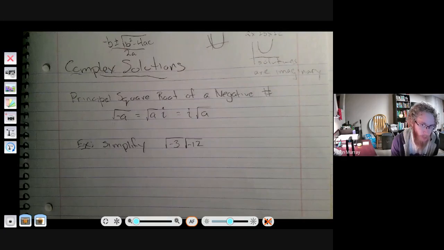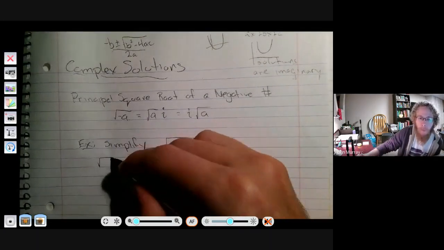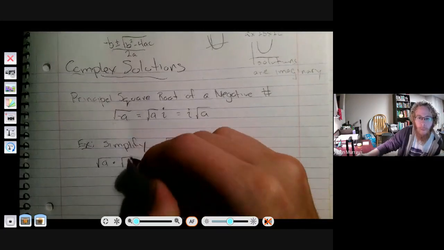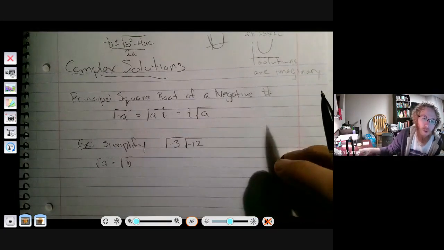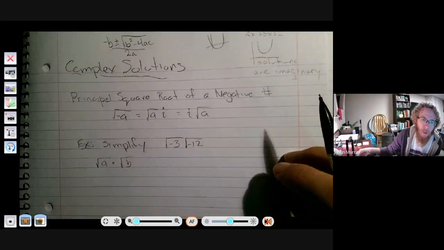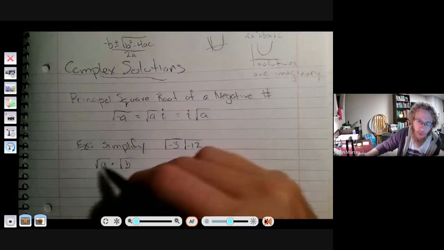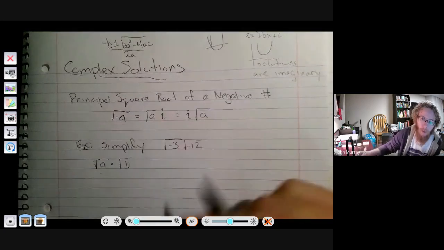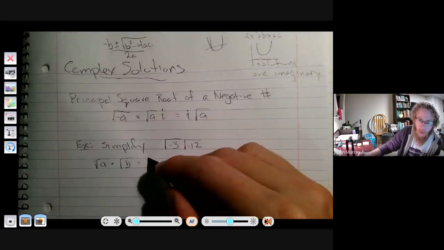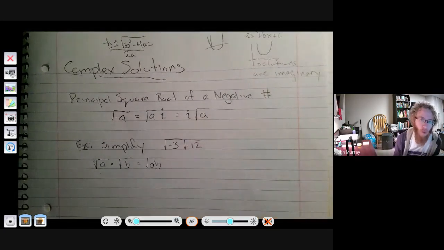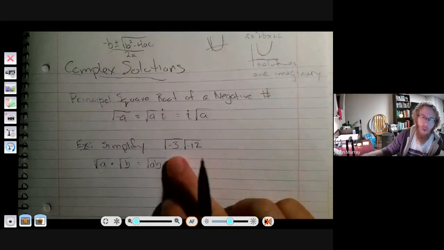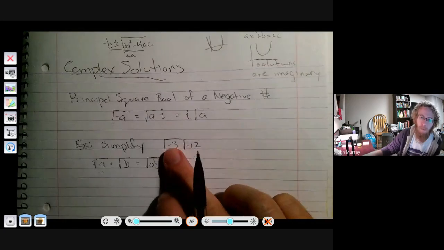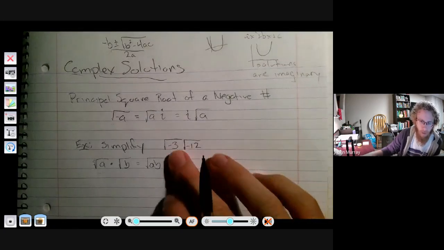There's a few different ways that we can do this. I don't know if you remember from algebra, if we multiply two square roots, we can multiply what's underneath. But here we have a problem because they're both negative.